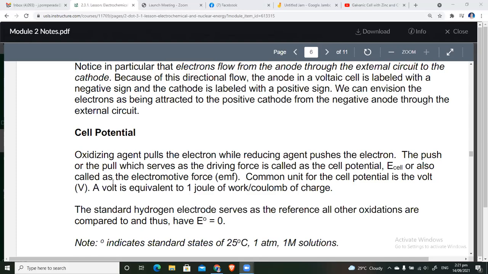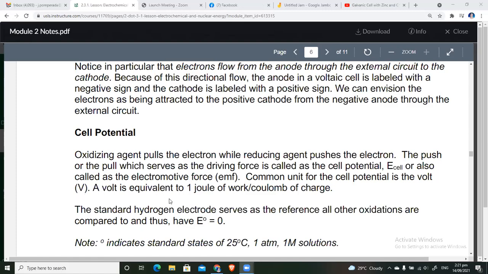So the push or pull, which serves as the driving force, is called the cell potential, or E of the cell, also called the electromotive force. The cell potential, or the electromotive force, or EMF in physics. Now, the common unit for the cell potential is the volt.